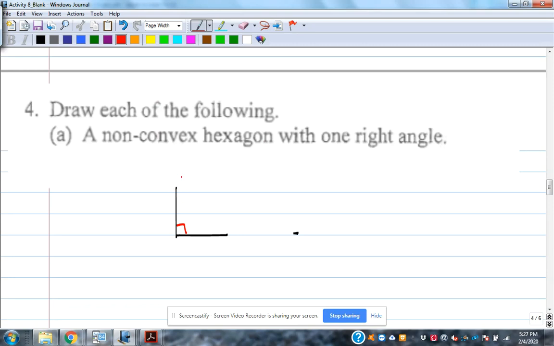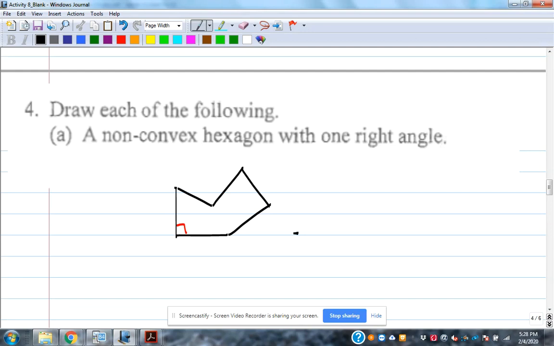So I'm going to make one of these. I'm going to make this cave in here, and then come back out. So 1, 2, 3, 4, 5, 6 sides. There's me a hexagon.